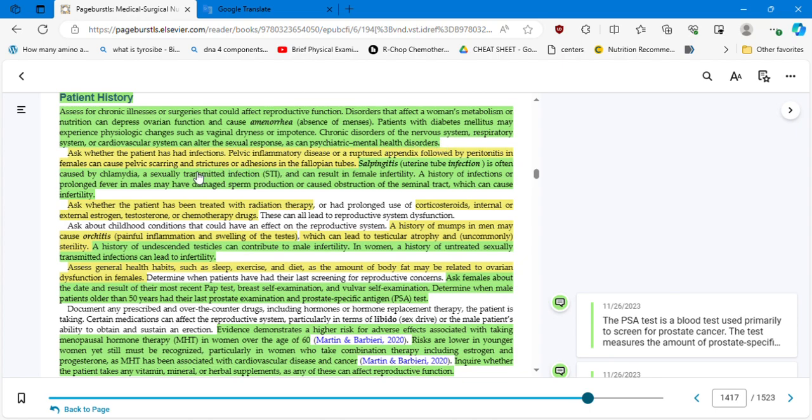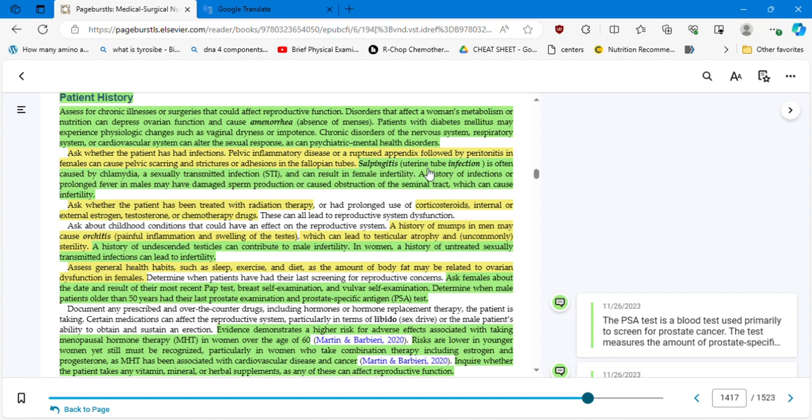Ask whether the patient has had infection, pelvic inflammatory disease, or a ruptured appendix followed by peritonitis, which in females can cause pelvic scarring and strictures or adhesions in the fallopian tubes. This is very important. You see the extension of the damage if a person gets peritonitis. In females, you can have adhesions in the fallopian tubes.